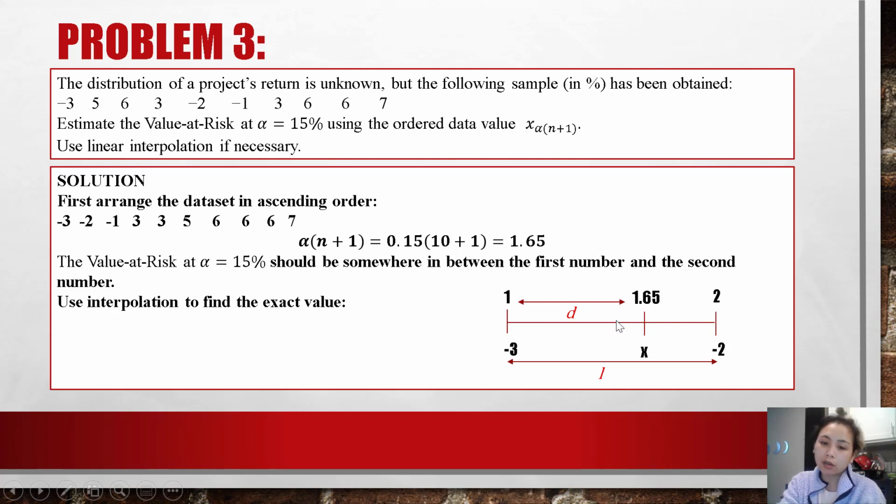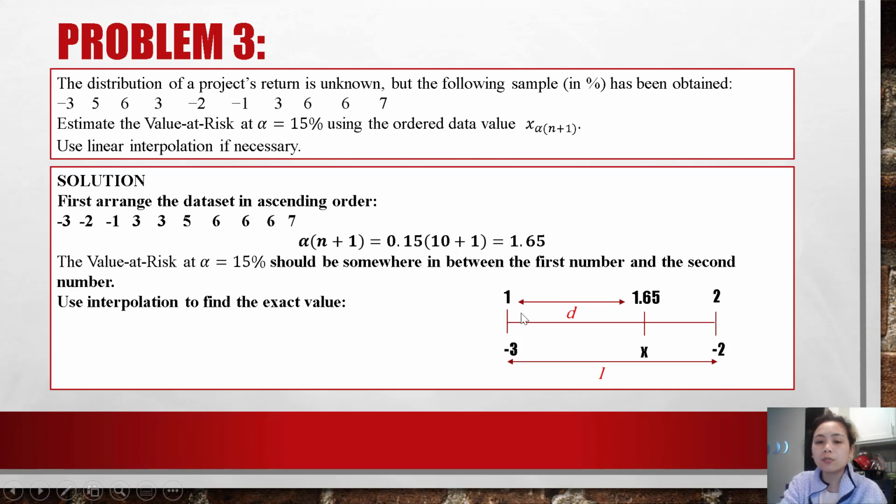On this diagram, you see that the upper marks represent the orders of the numbers in the data set, and the bottom marks represent the values of the numbers corresponding to their order. So we see that 1.65 is between the first and the second number.